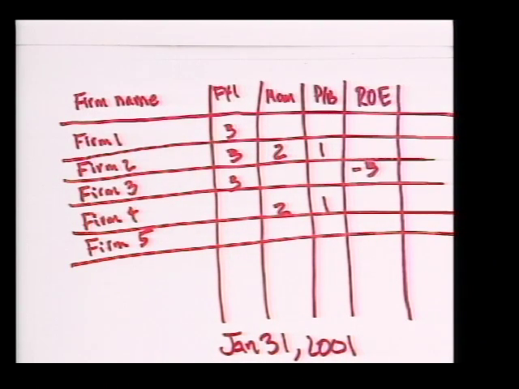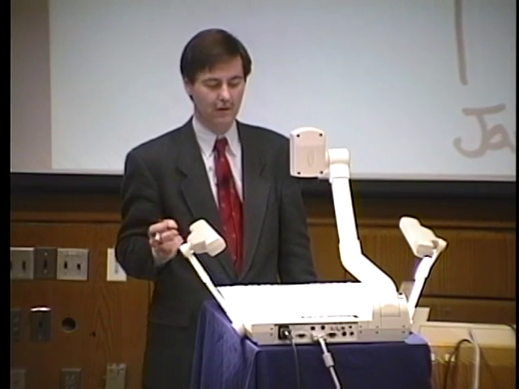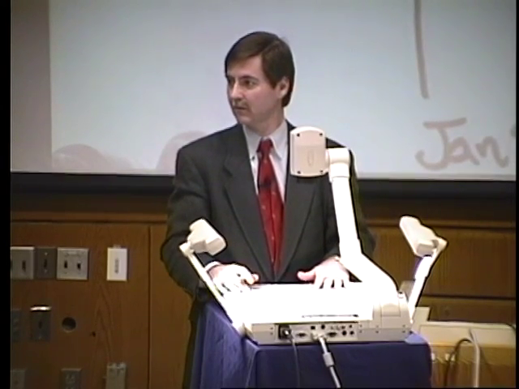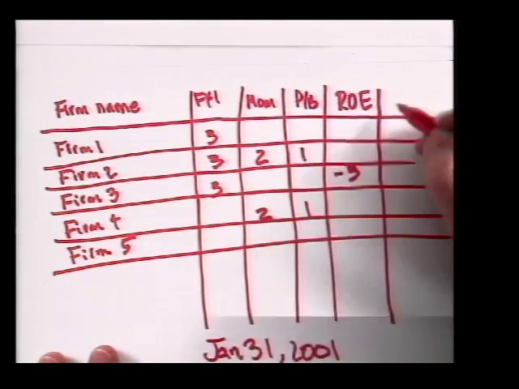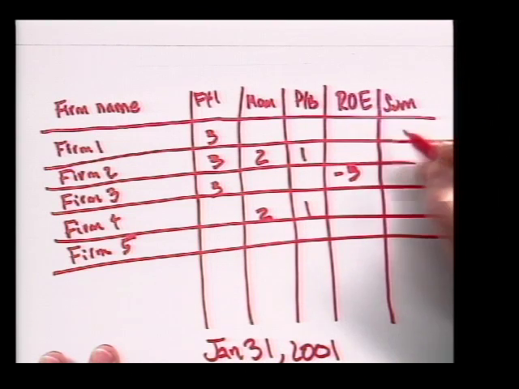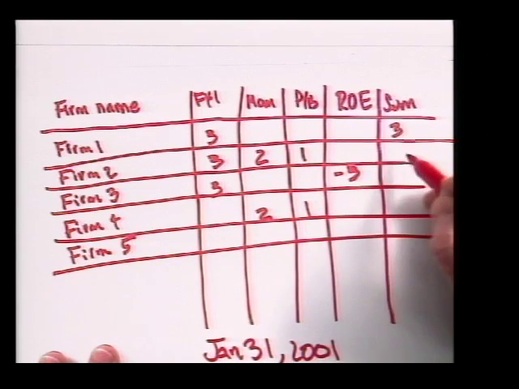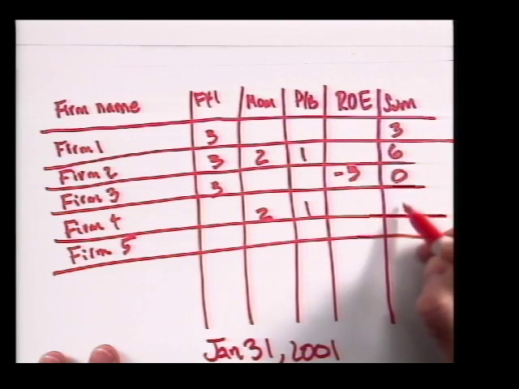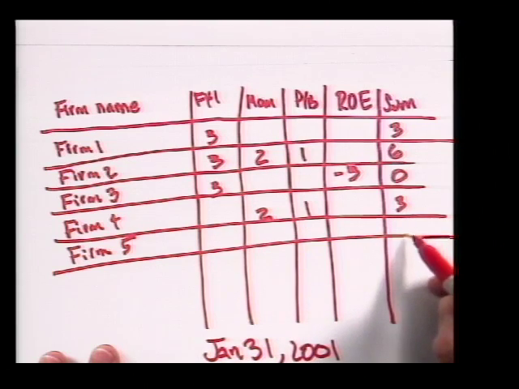So it just doesn't fall into any of these sorts. Now, hopefully you can guess what's going to happen next, right? Sum. So 3, this one is 6, this one is 0, this one is 3, and this one is 0.